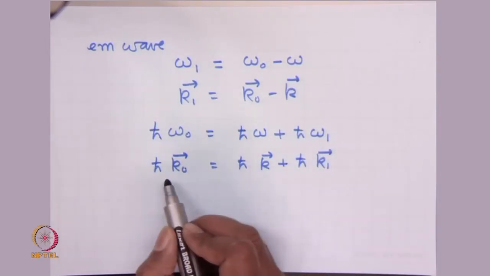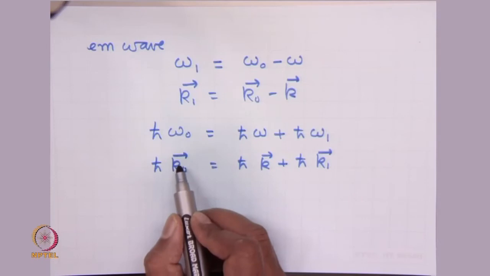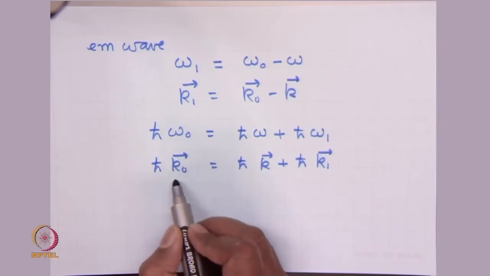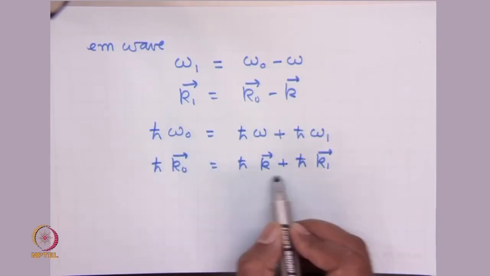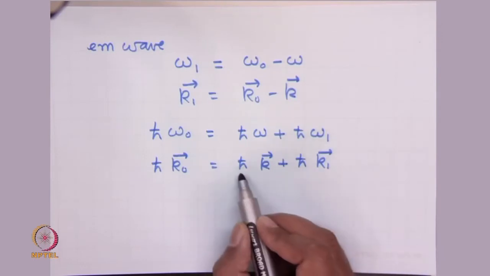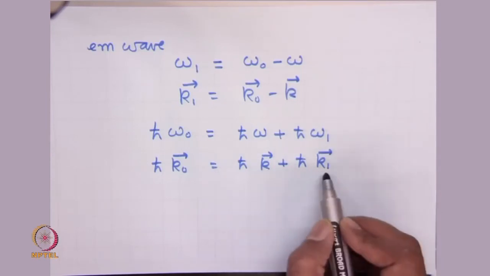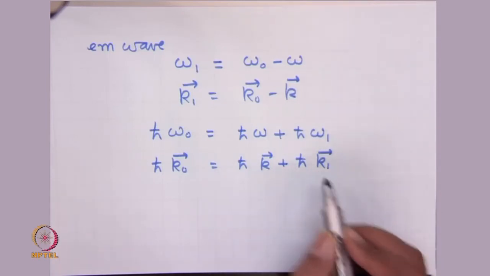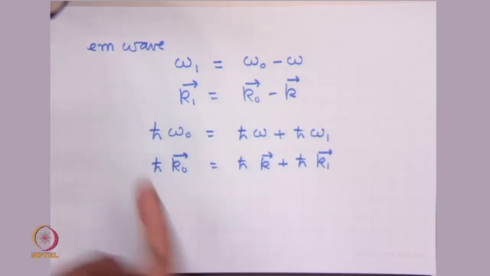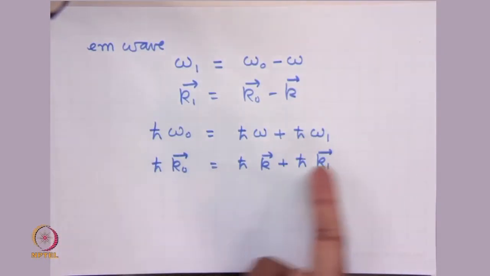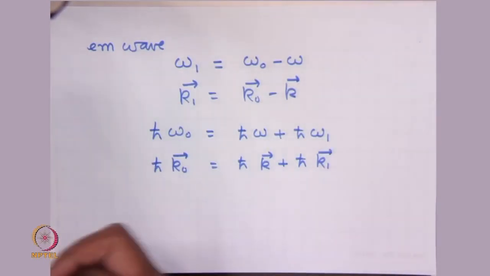And similarly, the momentum of the photon of the pump wave, h cross k0, is splitting into two momenta. This is the momentum given to the plasmon, and this is the momentum of the photon which is scattered or generated. So quantum mechanically, this is the energy and momentum conservation equation.